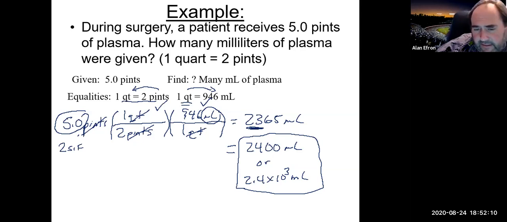Is that what we're asking? So on this one, we took 5 times 946, hit equals, divided by 2, and then that's the number that we got. This whole thing is a conversion factor or equivalent, so you don't have to worry about it in terms of sig figs, and same thing with the 5.0. The pints canceled out originally because we started with pints, so the pints and the pints canceled out.